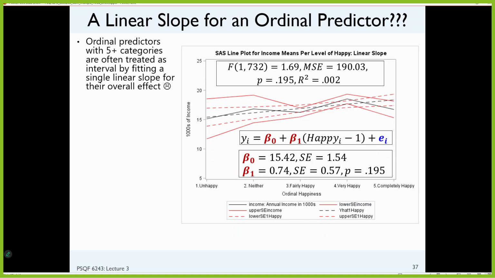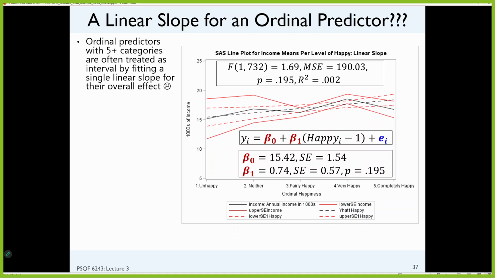So if we think about the piecewise idea in this context, if you can treat an ordinal variable as interval, meaning give it a linear slope in relating to something else, then if I treat it as categorical instead, I should be able to see if the slope from 1 to 2 is the same as the slope from 2 to 3, is the same as the slope from 3 to 4, is the same as the slope from 4 to 5.